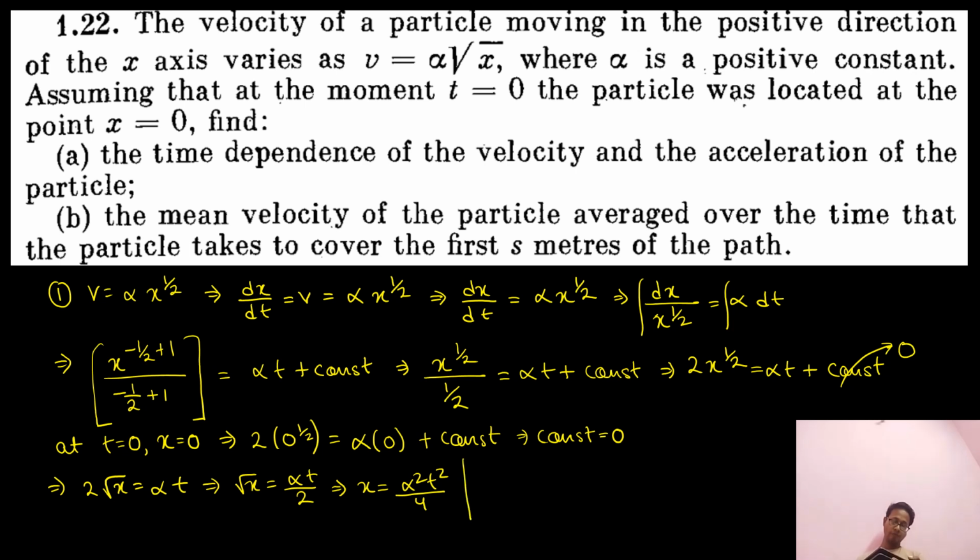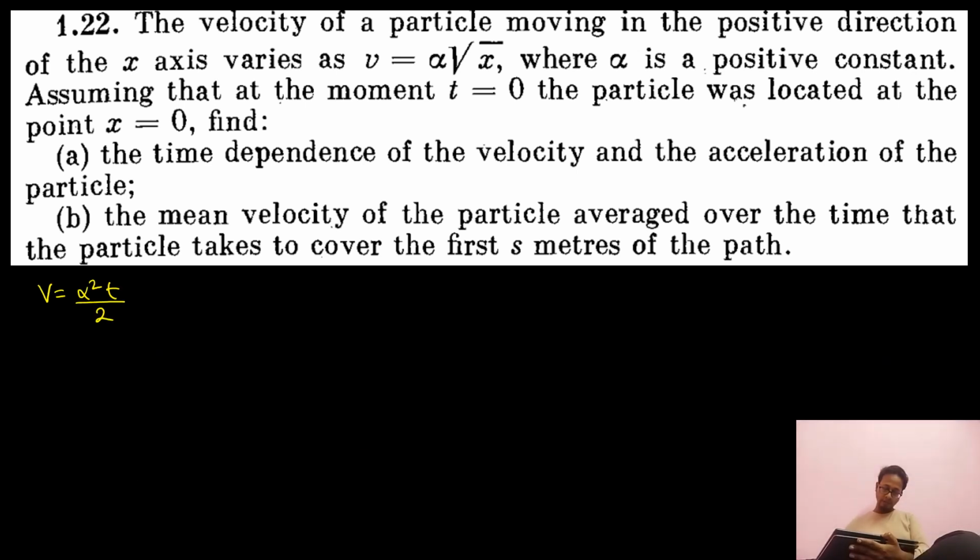Now v is equals to dx by dt, or if you differentiate this equation with respect to t, we get the value of v, or v is equals to alpha square into 2t by 4, or v is equals to alpha square t by 2.